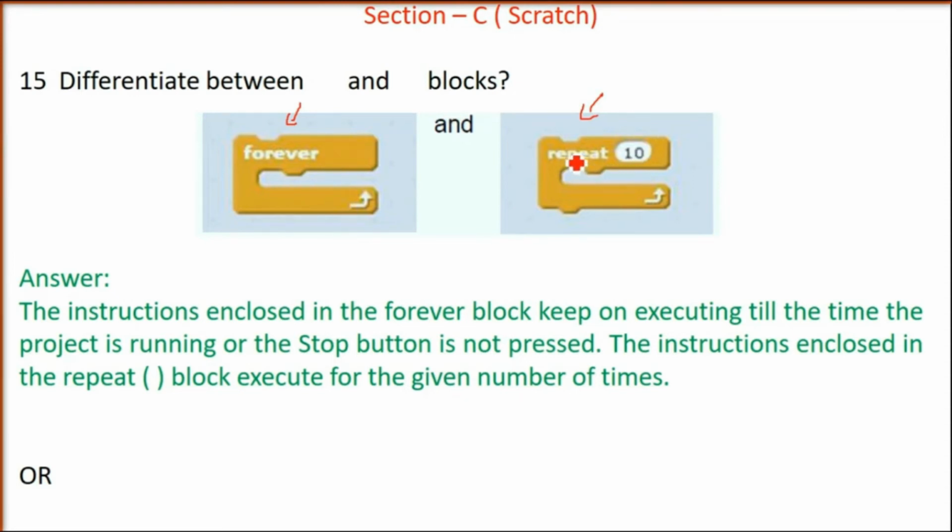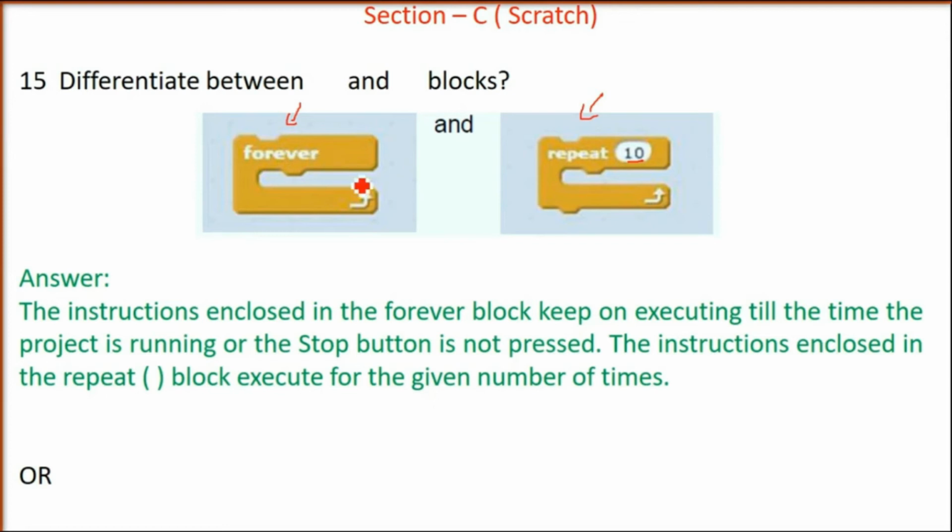Repeat means it will repeat, but since it has the number 10, it is clear that it will only run 10 times. Whatever instructions we have inside forever will execute again and again until the project is stopped, or you press the stop button.